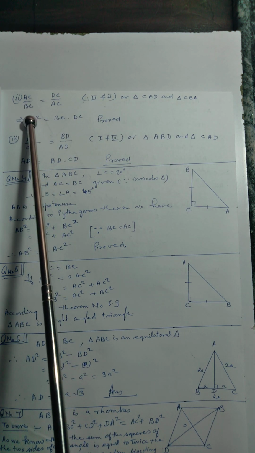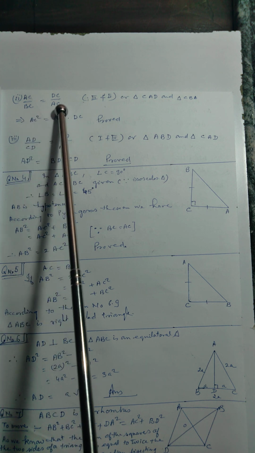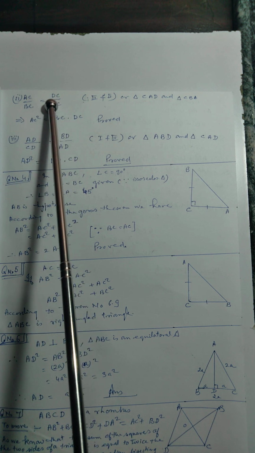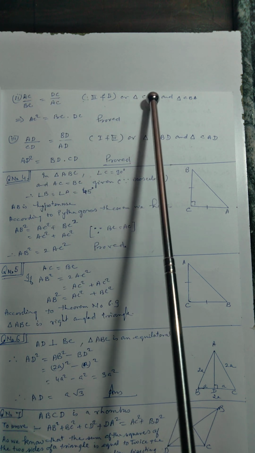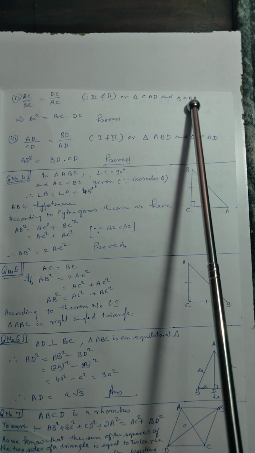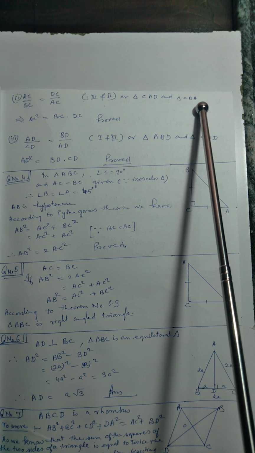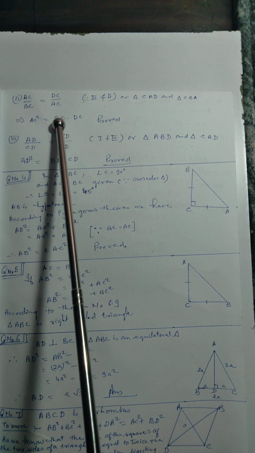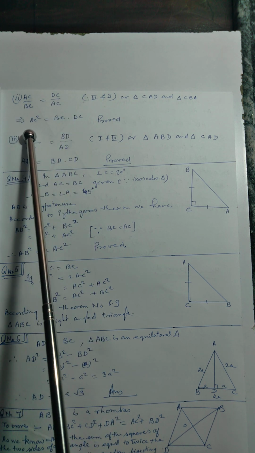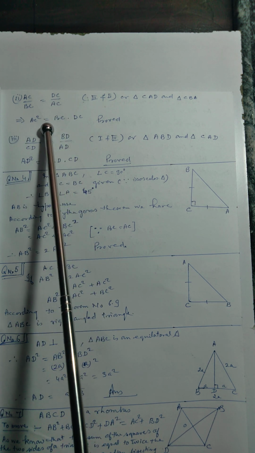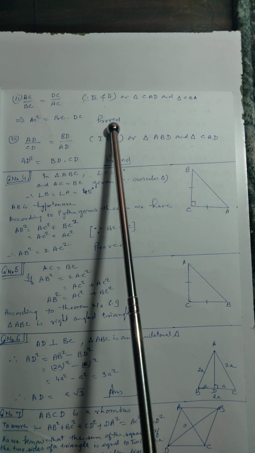So AC upon BC is equal to DC upon AC. You see, DC means third, first, here AC. So DC upon AC, cross multiply it, you will get AC square is equal to BC into DC, proved.